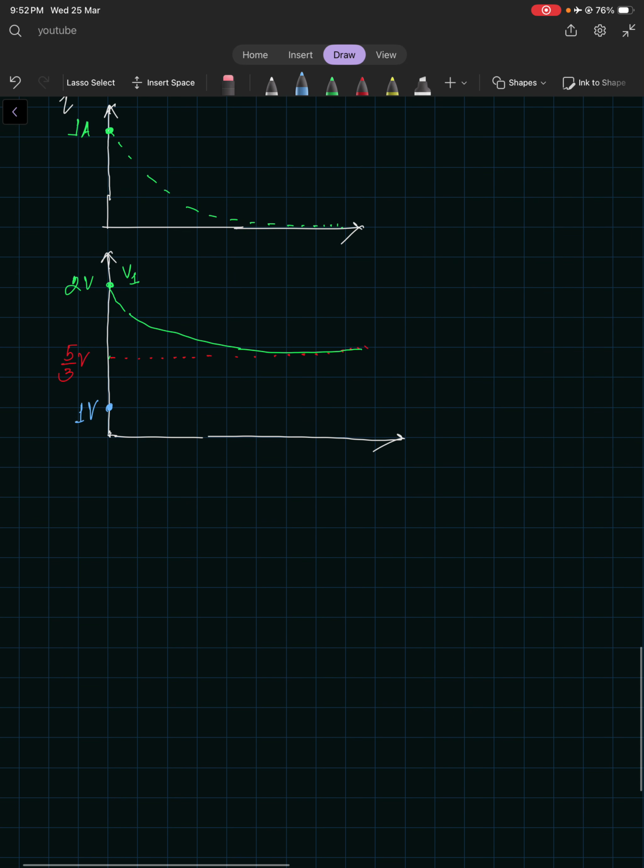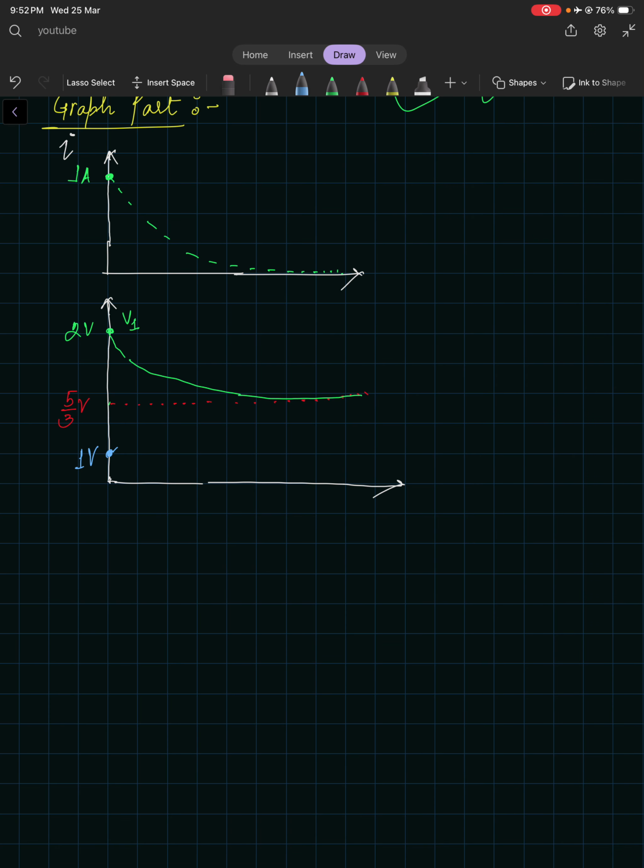Both were approaching the same value, with the same time constant. So this is the graph for v2. And as I is going to 0, both the voltages were settling at 5 by 3 volts.